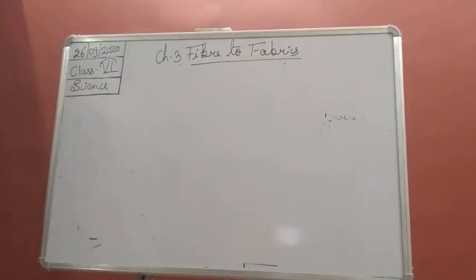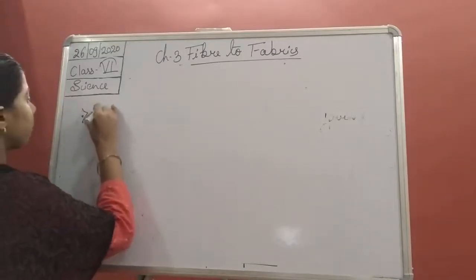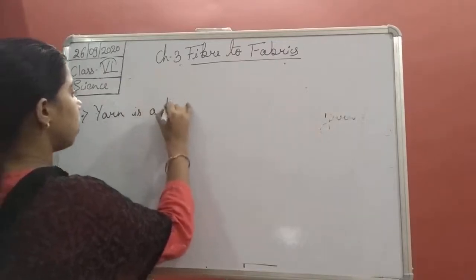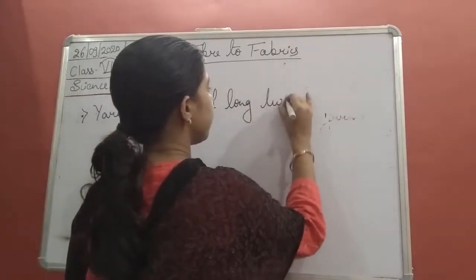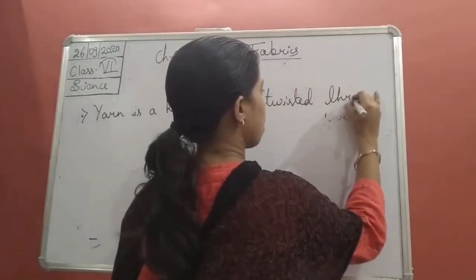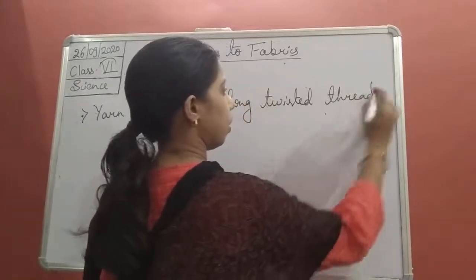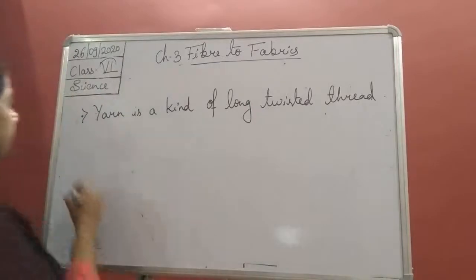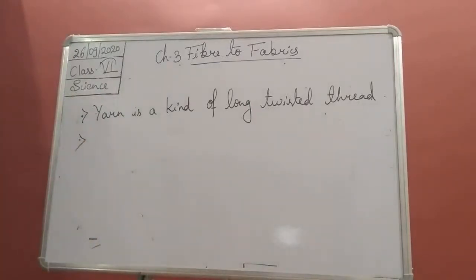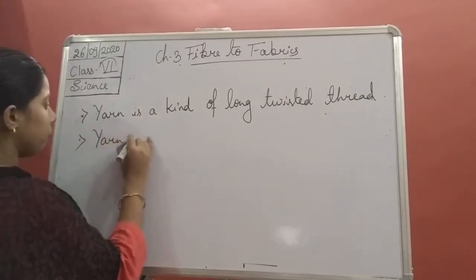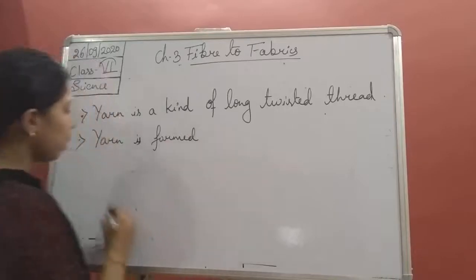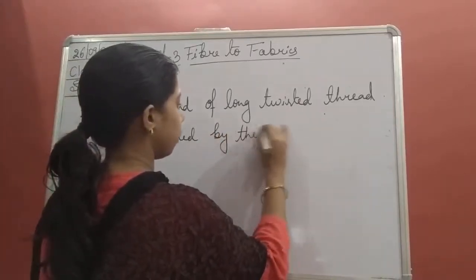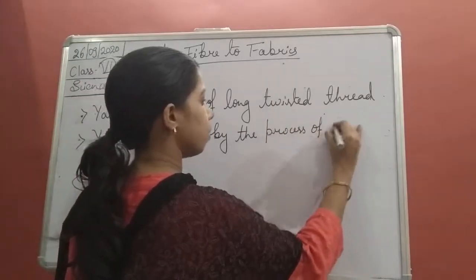So we can write that yarn is a kind of long twisted thread, and this yarn is formed by the process of spinning.